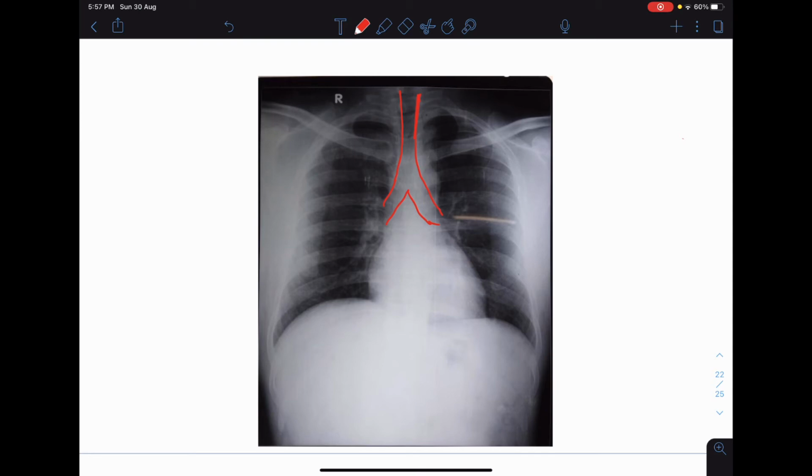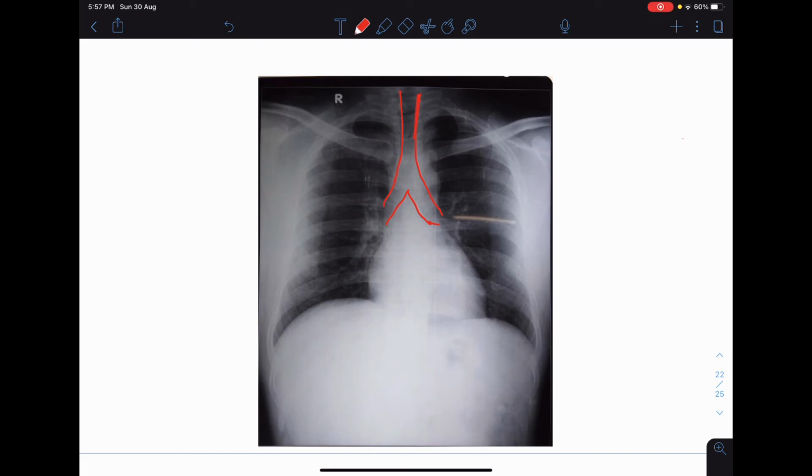And in cases of collapse or fibrosis, the trachea will be pulled towards the side of collapse or fibrosis. But in cases of consolidation, that means solidification of the lung, or in cases of presence of any mass, that means any malignancy, we expect that the trachea should be in the midline. So this is about airway.